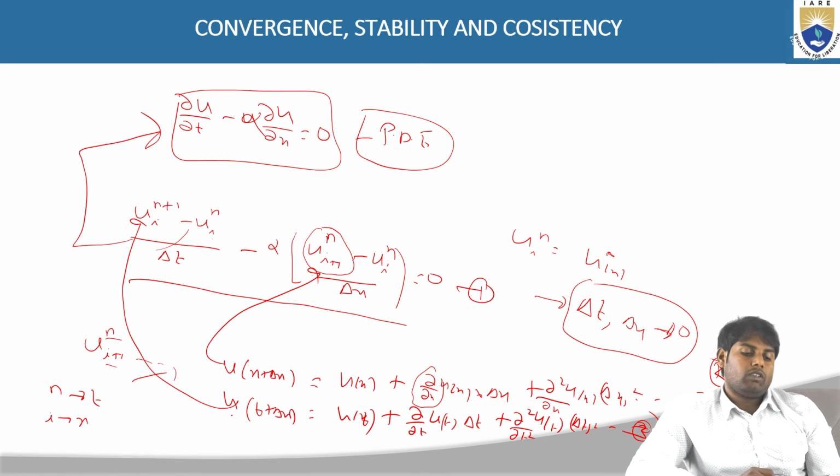If you get the original PDE from the discretized equation, then the numerical scheme you obtain is called consistent. So the consistency of a numerical scheme is between the PDE and the discretized equation.